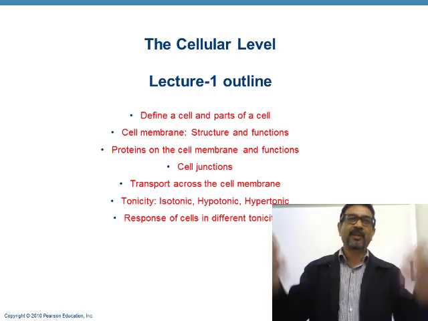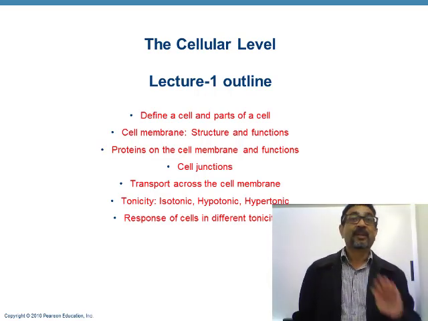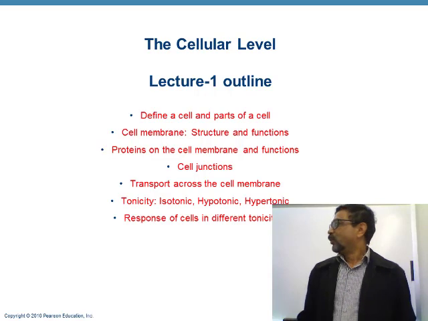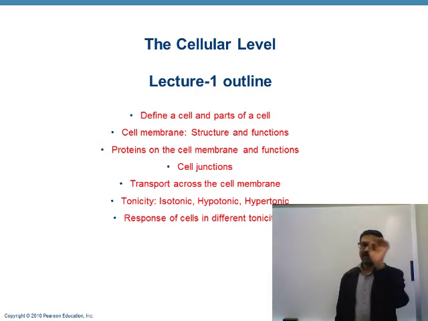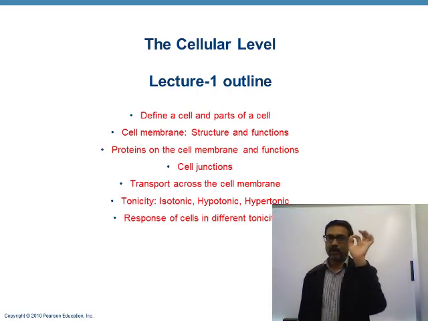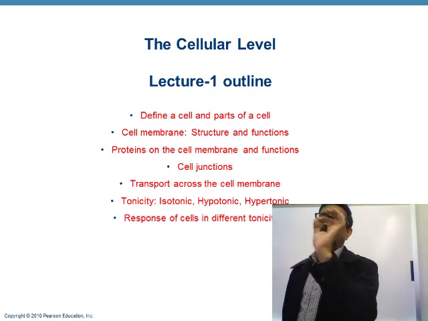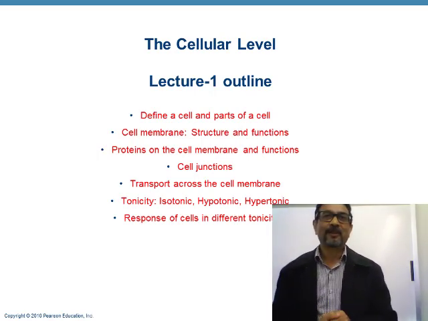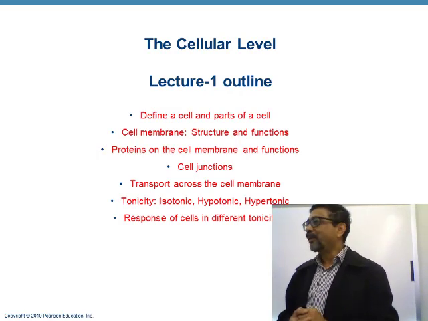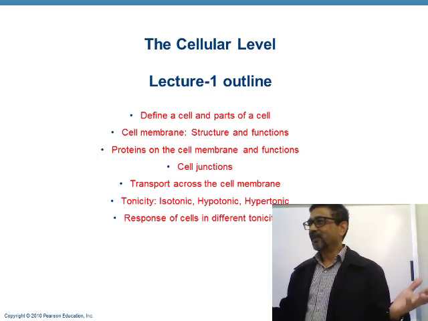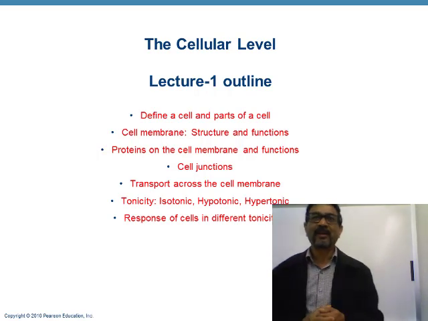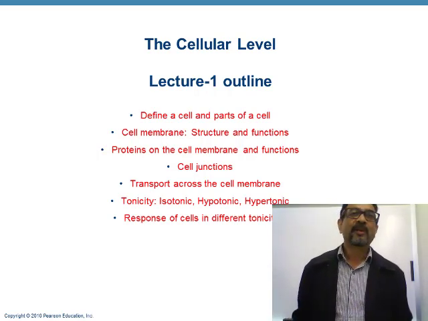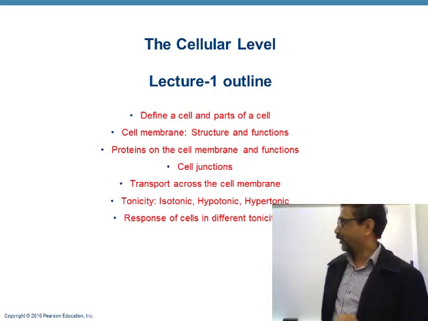Individual cells will survive there. We can keep them alive. So, you know that the cell is the smallest component of the body that can individually survive. Now, if I break the cell membrane, then what will happen? It will die. So, that's the smallest structure.